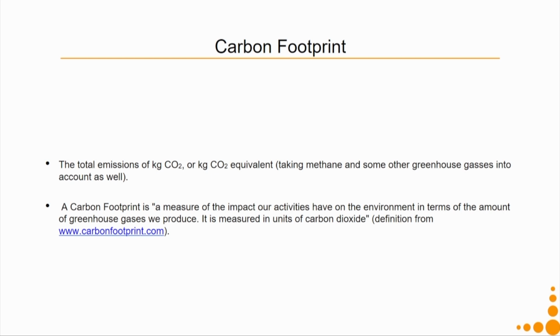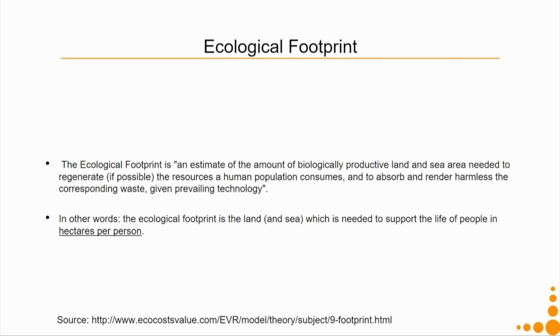Because carbon footprint is a little difficult to visualize for ordinary people, and ecological footprint has been a more effective tool which is being used by NGOs and other such organizations in order to create awareness amongst people, because hectares per person is an easier to understand metric for common people.